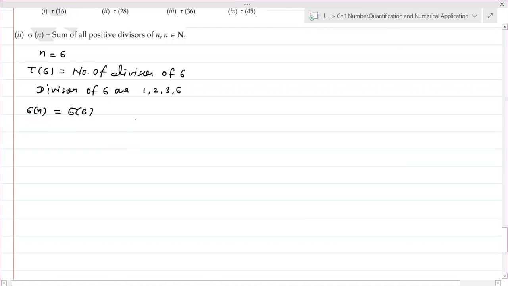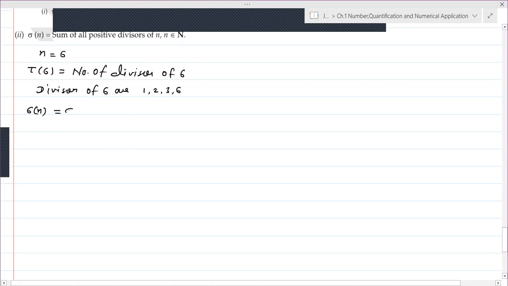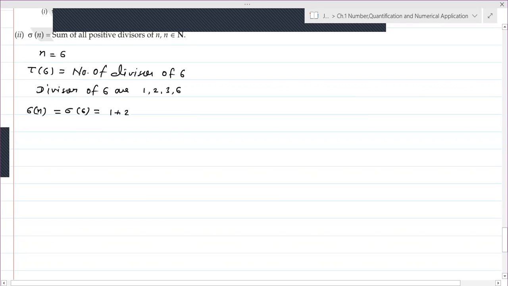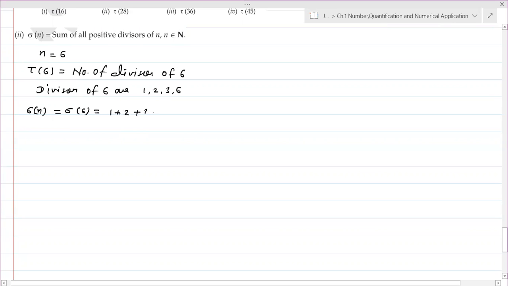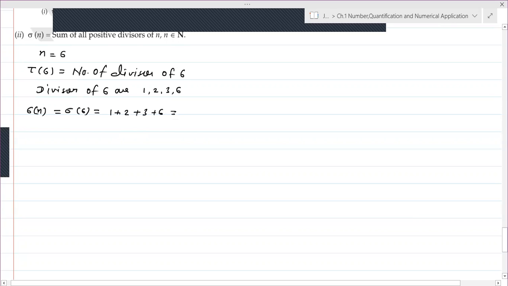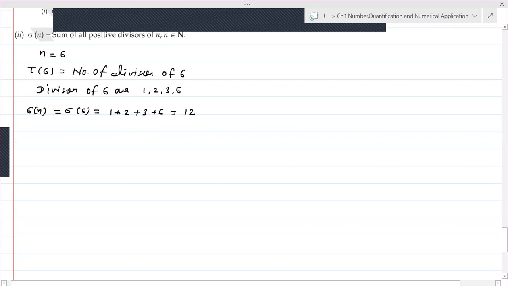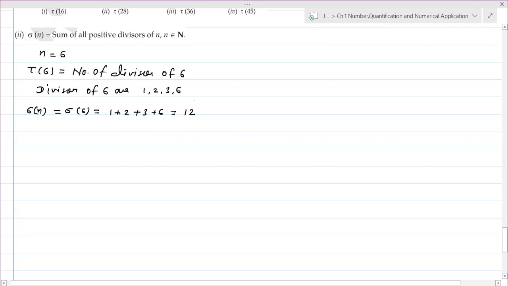For the sigma function of 6, we will start the addition of all the numbers that are divisors of 6. So that is 1, 2, 3, 6, and we get the final answer 12. So this is the minor difference between tau 6 and sigma n.